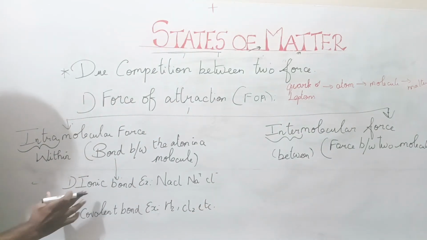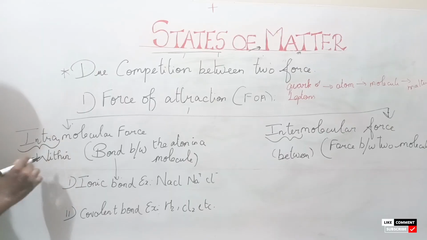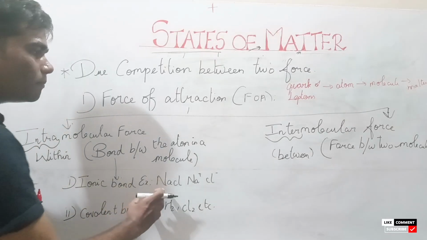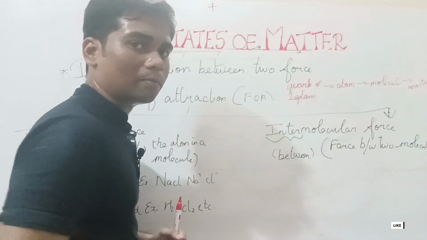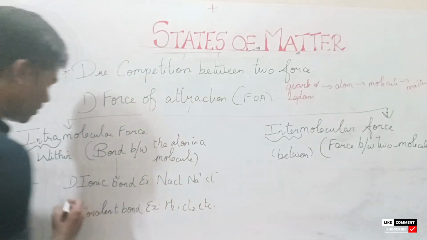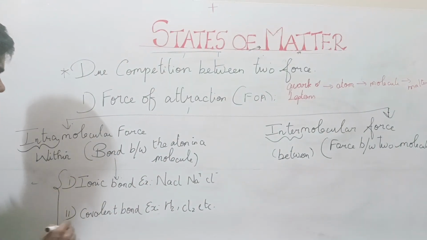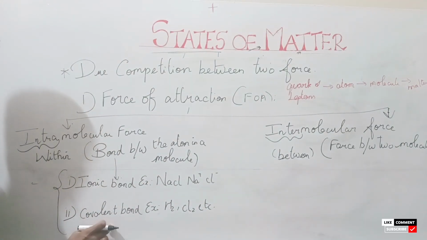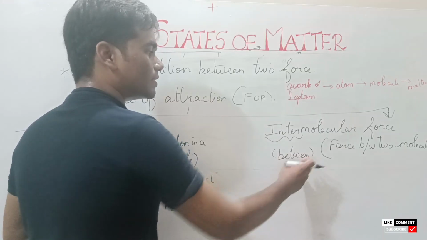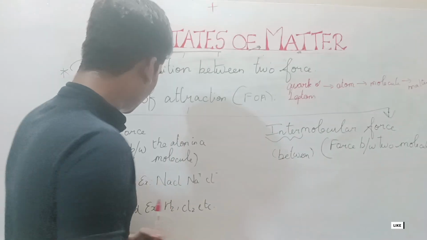So the main thing is this intramolecular force is much stronger than this intermolecular force. Why? Because the ionic bond and covalent bond are very strong compared to intermolecular forces.